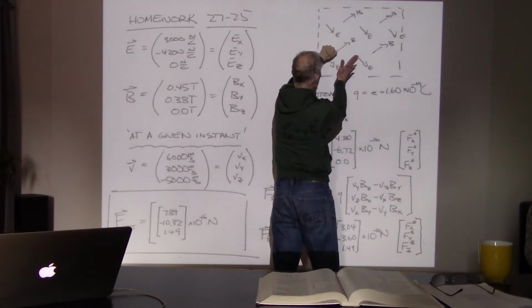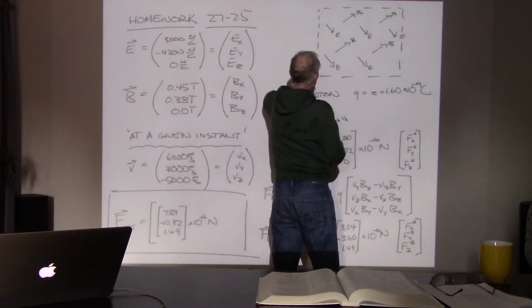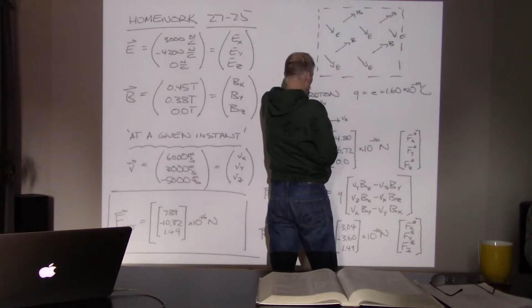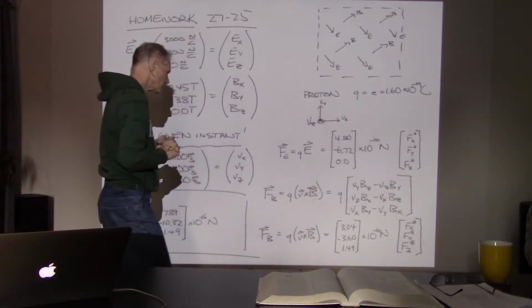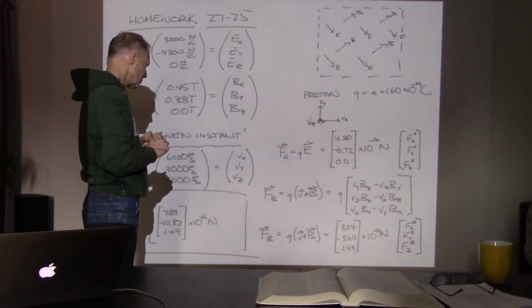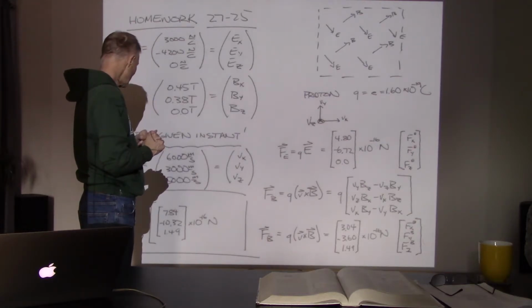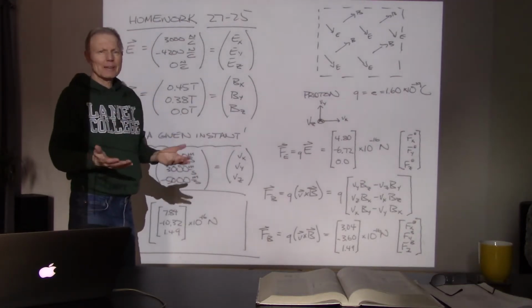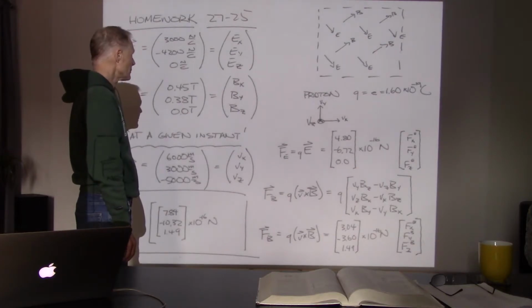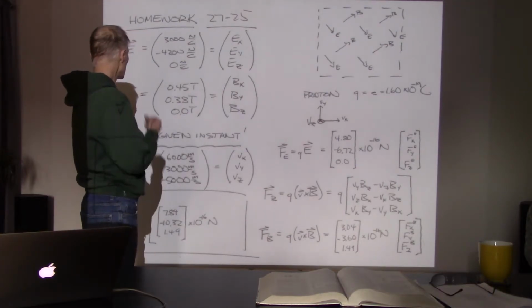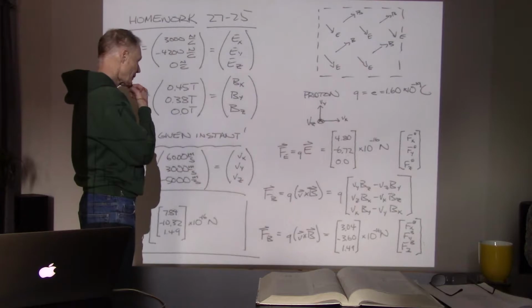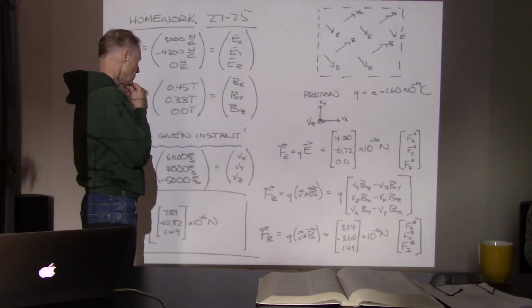If I have z, and boy, that sure seems backwards to me now. Well, I checked everything. I think it's correct. I think it matched the back of the book too. All right, we got to move on in any case. You guys can check the numbers here.